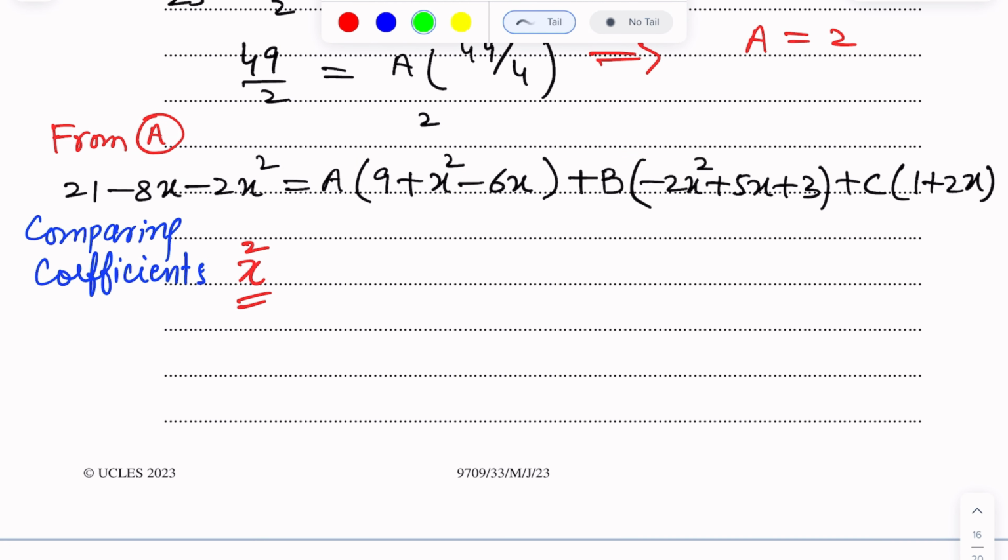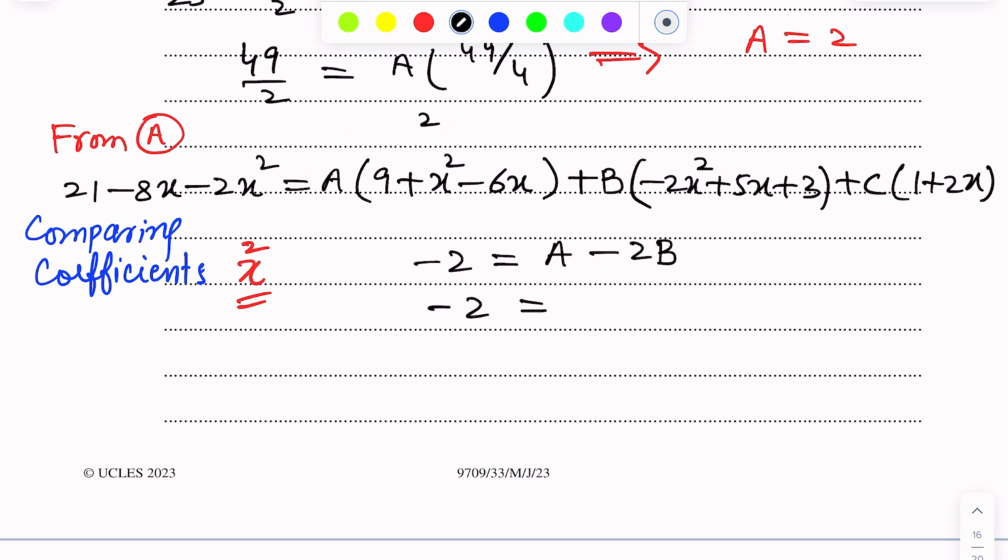So we will write minus 2 is equal to A minus 2B. The value of A we have already found, A is equal to 2. We get minus 2 is equal to 2 minus 2B. From here, we get the value of B is equal to 2.